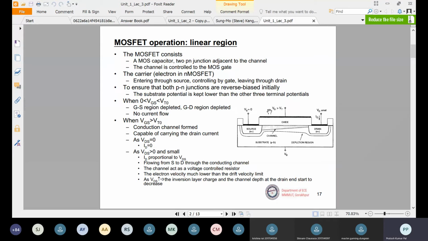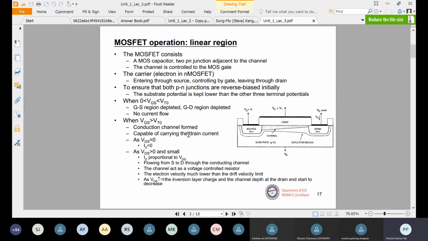This condition is called the cutoff region. But once we increase the gate voltage greater than the threshold voltage, the channel will be formed and current will flow between drain and source.